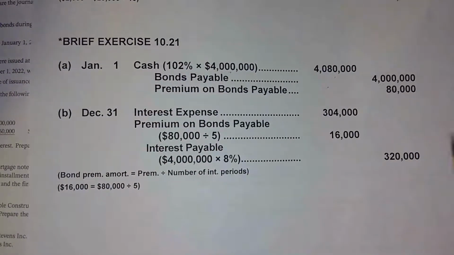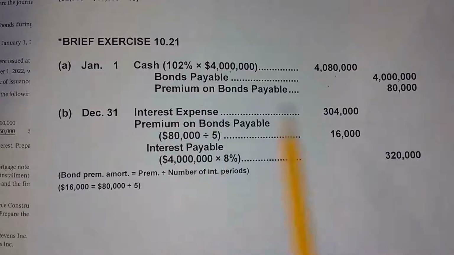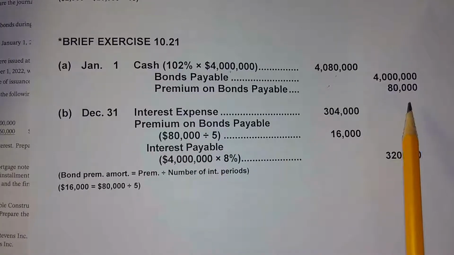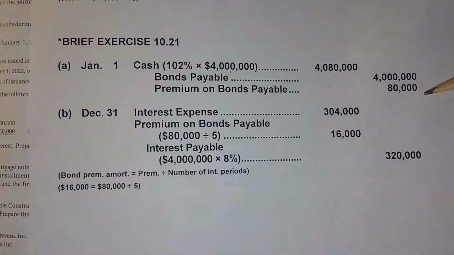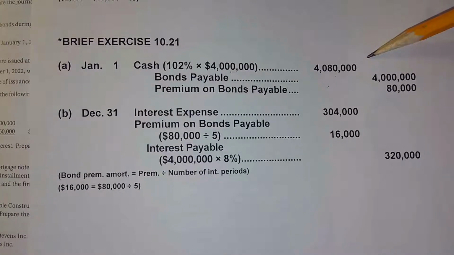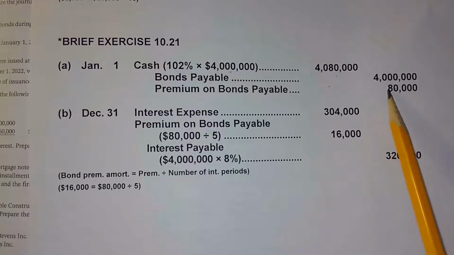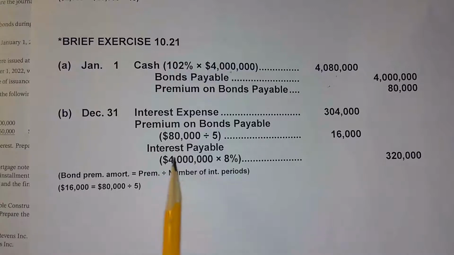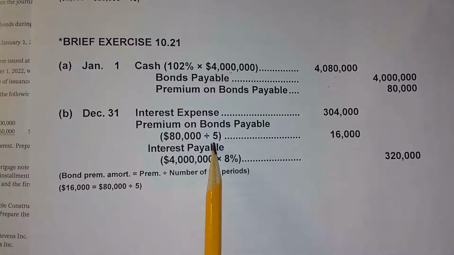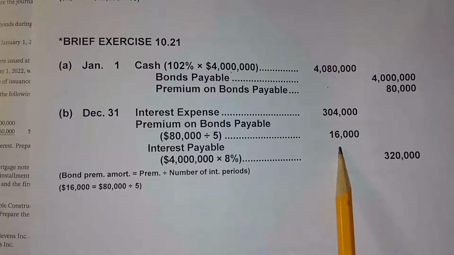So notice in this one, now we got premium on bonds payable of 80,000. The reason for that is because we collected more money up front, 80,000 more. So now we credit this account, premium on bonds payable. At year end, we got to amortize this. The way we're going to amortize it is we're going to take the 80,000 divided by 5. Why 5? Because it's 5 years, and we come up with 16,000.